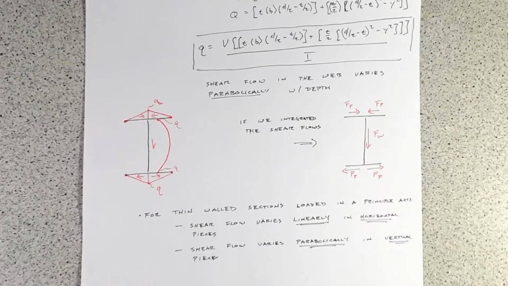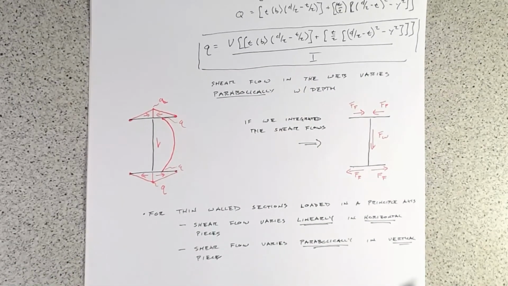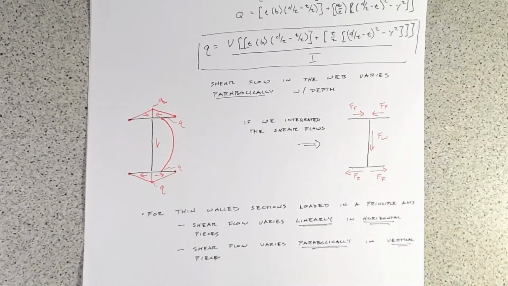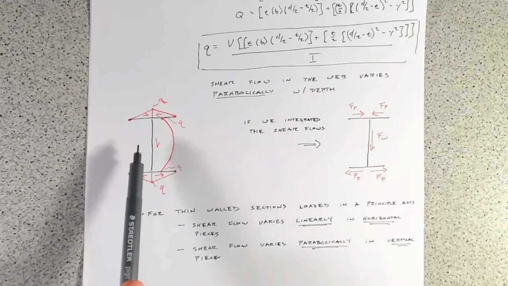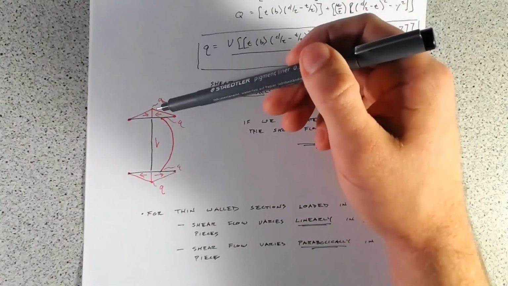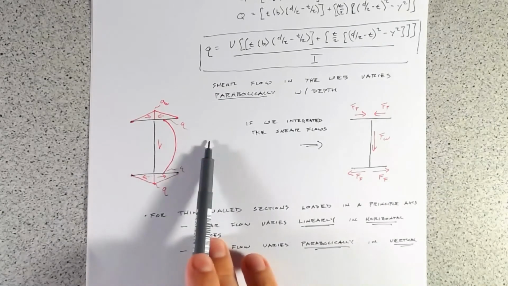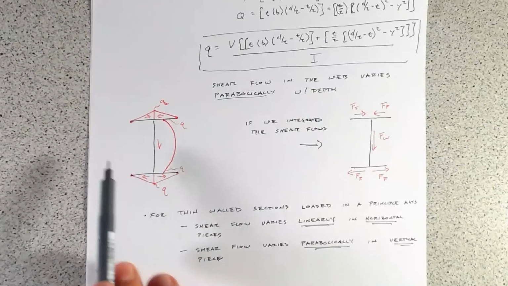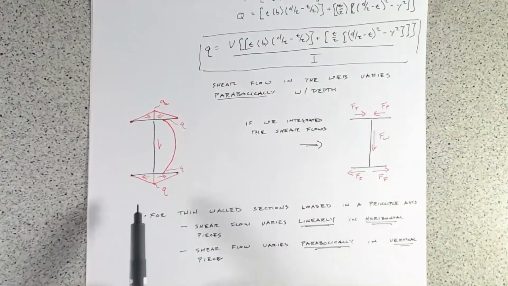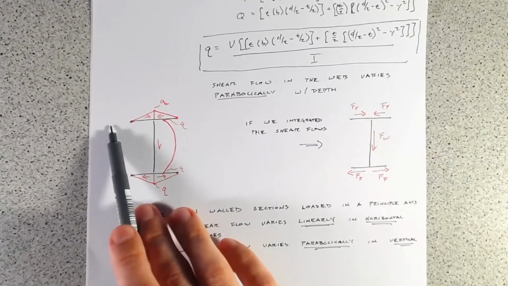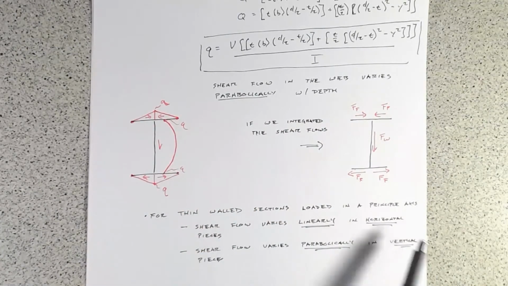And so those are really powerful things to note, because it's kind of true for any section like this. So whether we're looking at a box section or a C-section. Now the big thing is it has to be loaded in the direction of principal axes. So because we've got symmetry here, if our load is coming straight down, well, then our principal axes will be our Cartesian, our x and our y. If we had a biaxial load, as you've worked out before, your principal axis shifts, and so this no longer works.